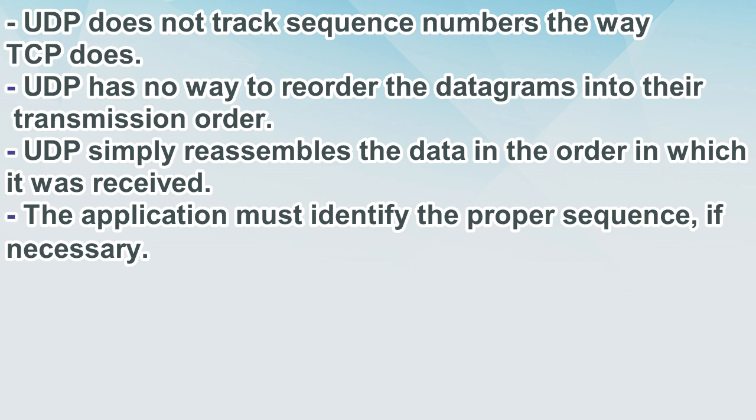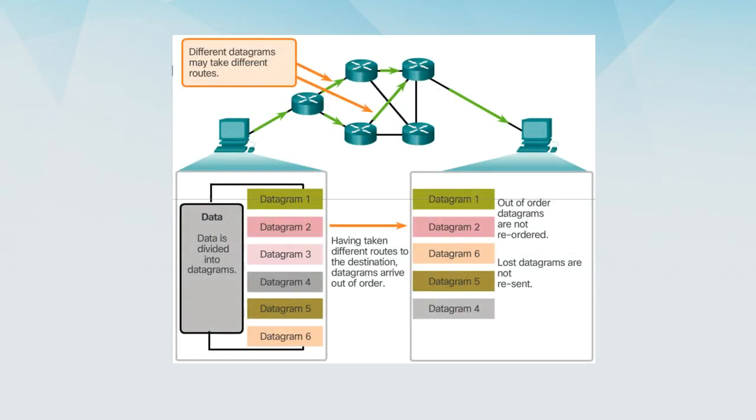The application must identify the proper sequence if necessary. Different datagrams may take different routes. The data is divided into datagrams. The datagrams having taken different routes to the destination. Datagrams arrive out of order.